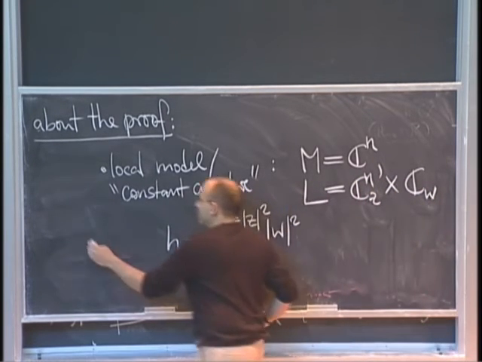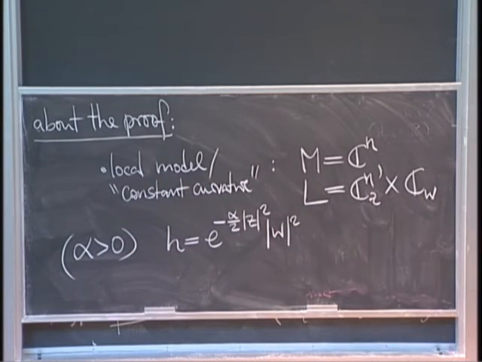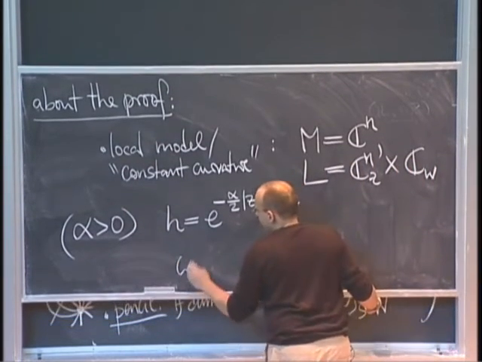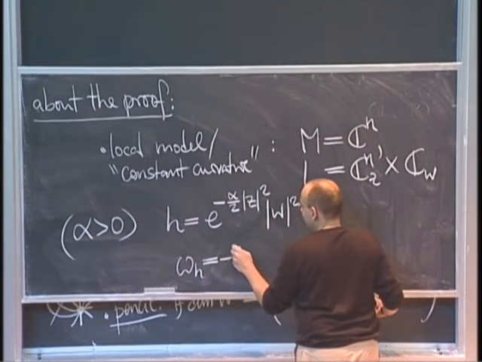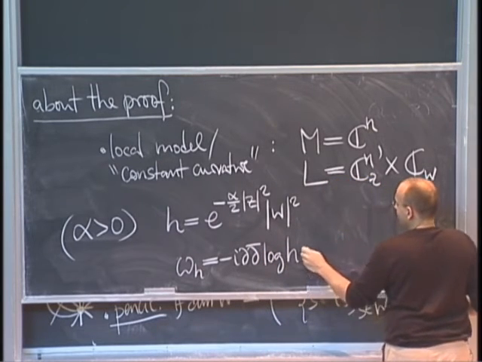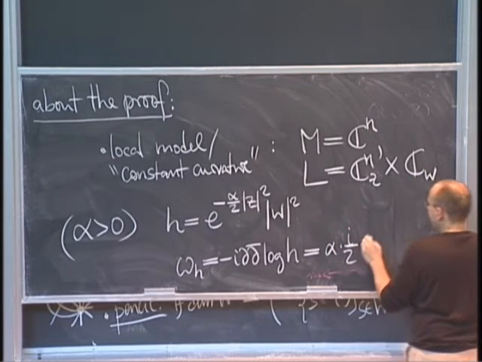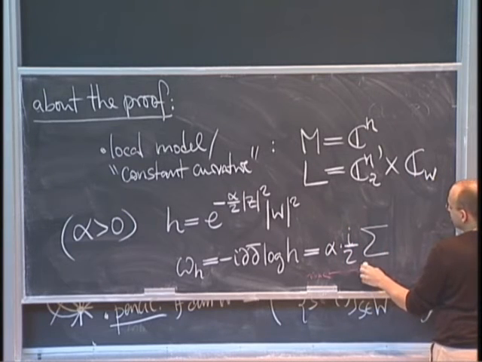Alpha is a positive parameter. Then if you compute the curvature omega_h, which is minus i partial partial-bar log h, this is going to be alpha times i over 2 times the standard Kähler form on Euclidean space.